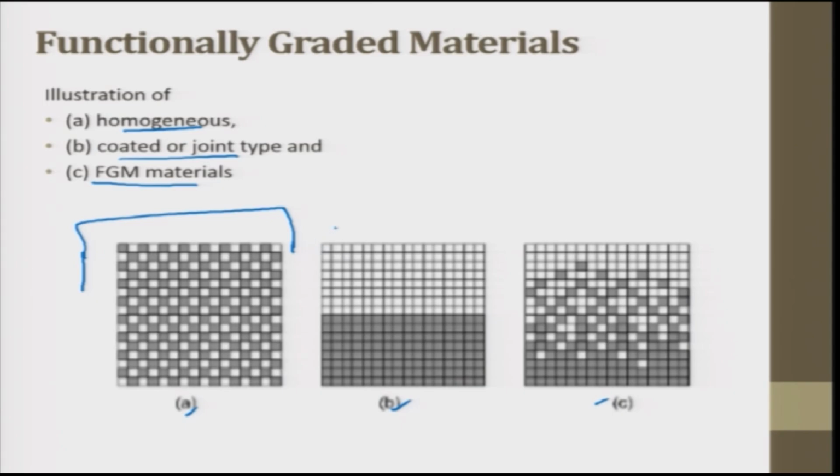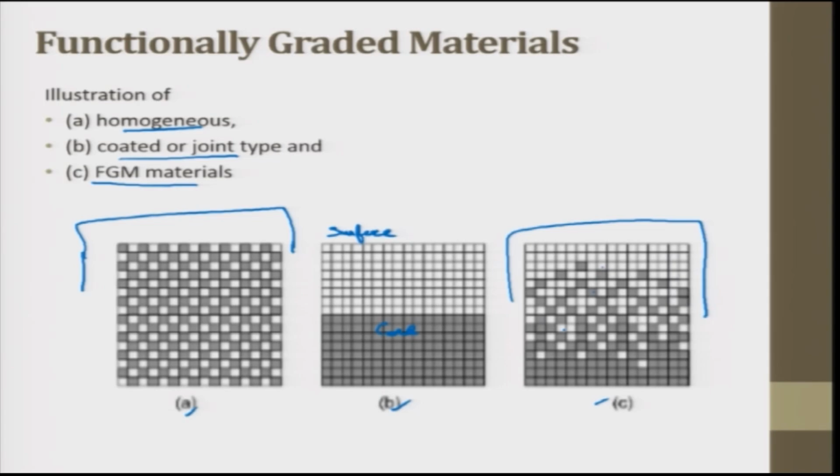So, this can be a surface, this can be core. Typical examples for this are the coatings that enhance the surface properties. However, the sharp boundary existing within the structure often exhibits various adverse effects in material properties.